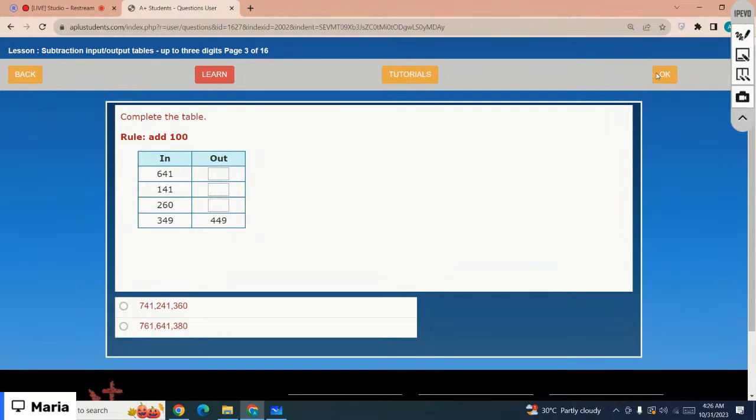The correct option is, yes, that is option number 1. When you add 100, that would be 741, 241 and 360. So option number 1 is the correct option.